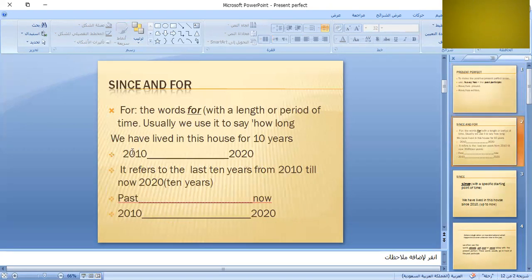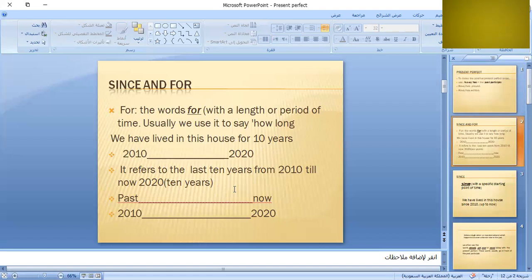I say, we have lived in this house for 10 years. When I say for 10 years, I mean the last 10 years, which means from 2010 to now, 2020. It is continuous. It started in the past in 2010, and now it's 2020. So I'm referring to this period of time.